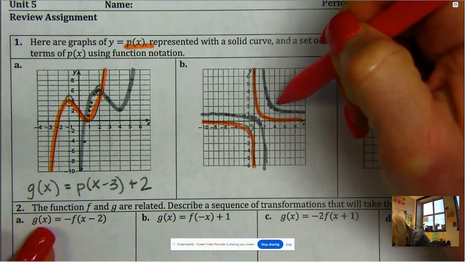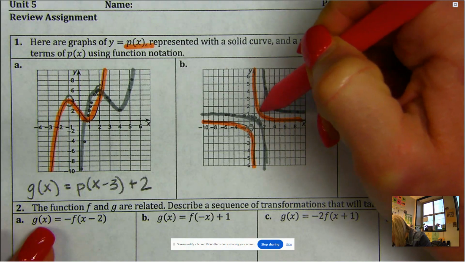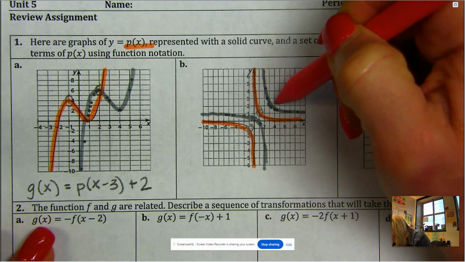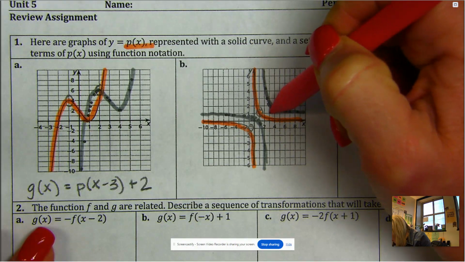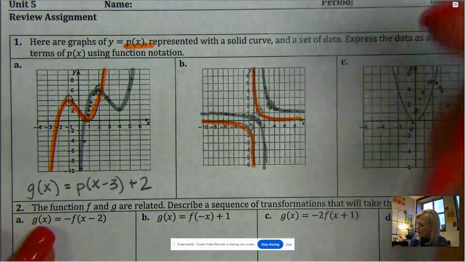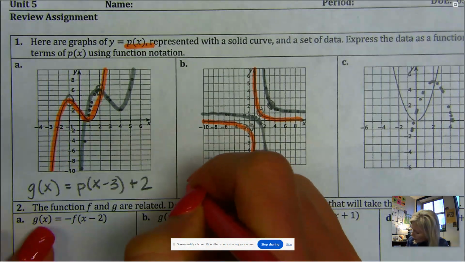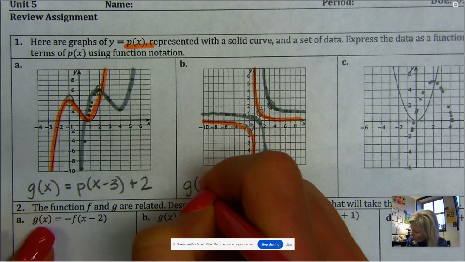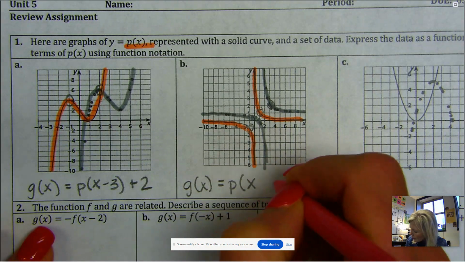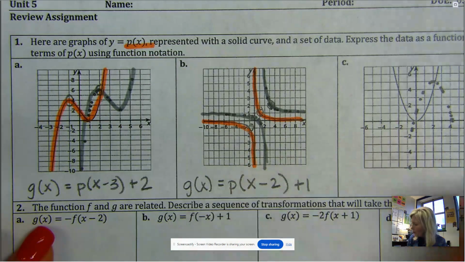Just trying to find a good point to use. This one right here actually looks like a good one on the orange. And then if I go to the right by 2 and up 1, I think it's going to match up just fine. So to the right 2 and up 1. So that means g of x is equal to p of x minus 2, plus 1.